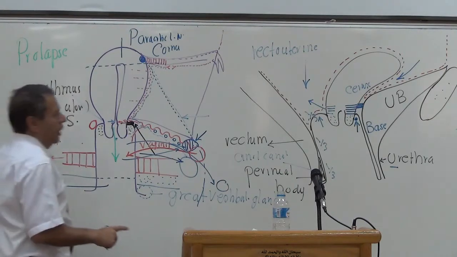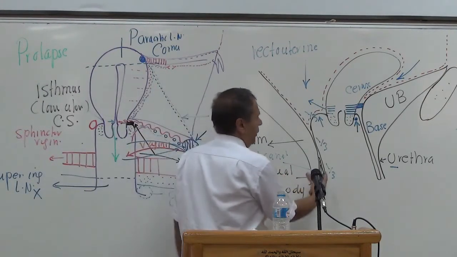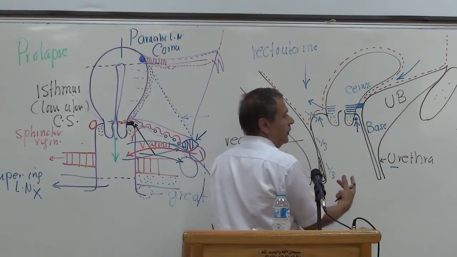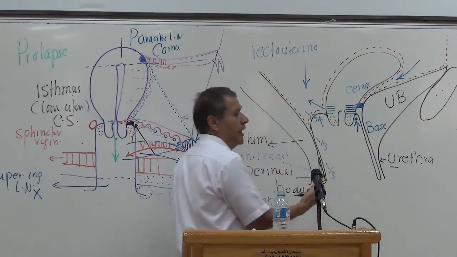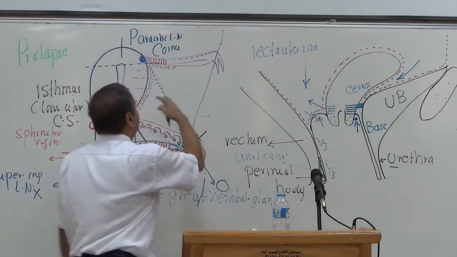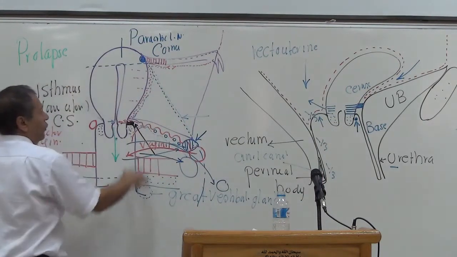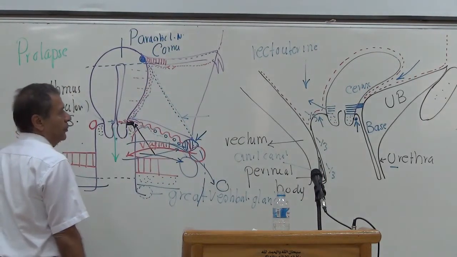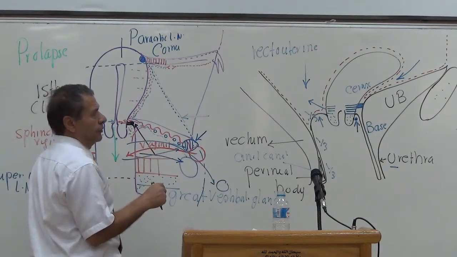Also, I'll find this is the perineal body. The perineal body supports the vagina. Damage to the perineal body during labor can lead to either uterine prolapse or vaginal prolapse. So these are the main supports.